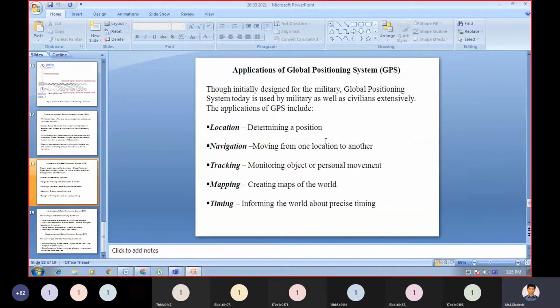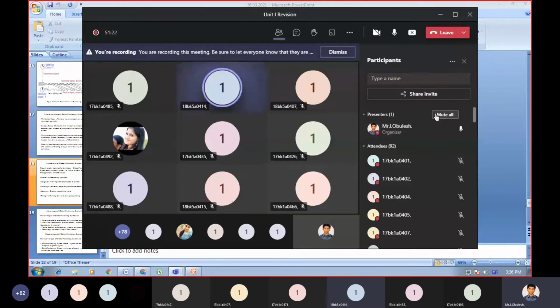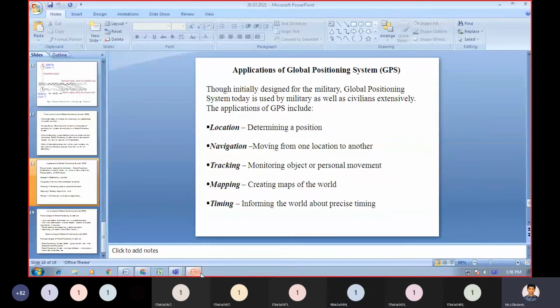Initially, the GPS system was designed for military applications only.